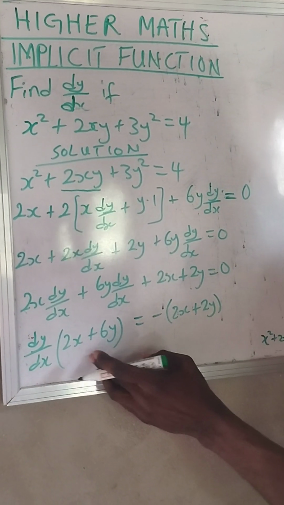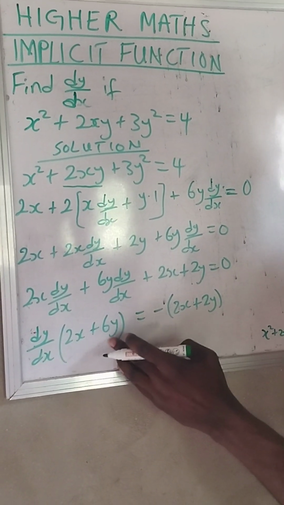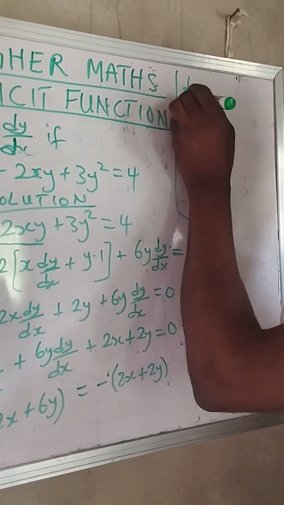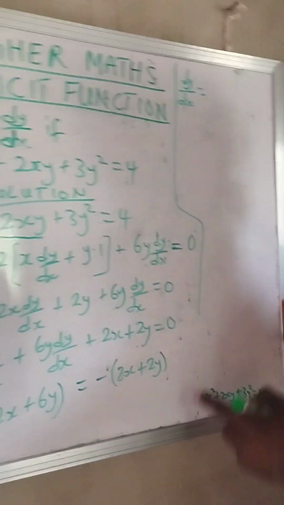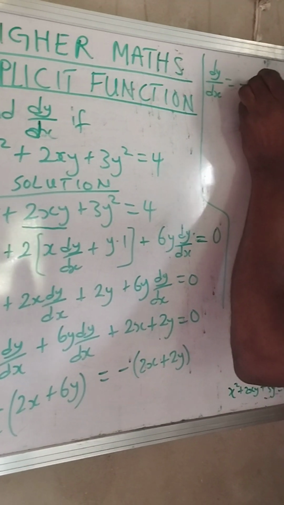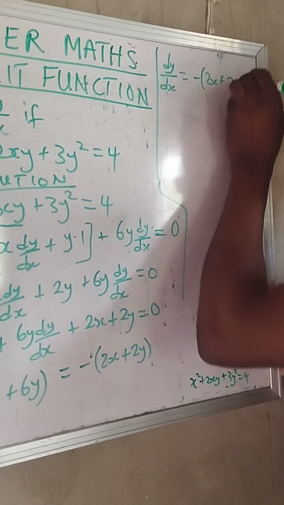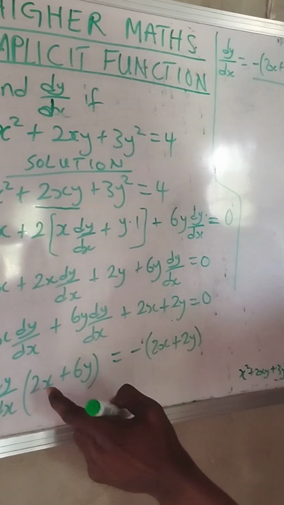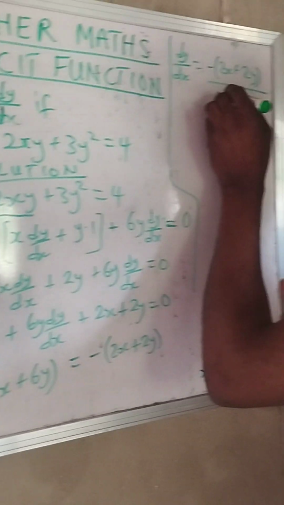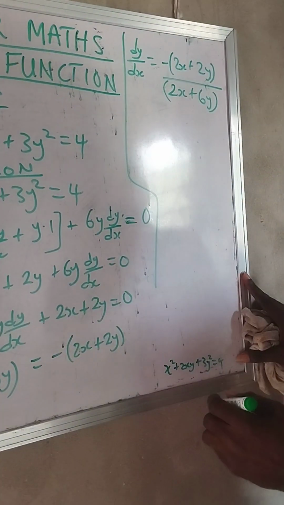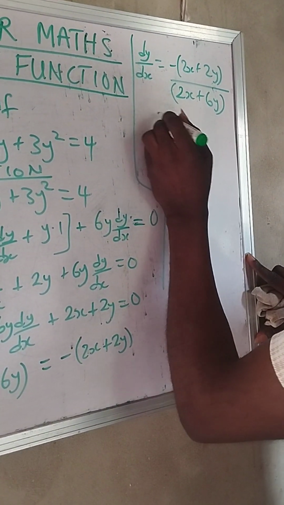So we'll divide both sides by 2x plus 6y to get dy dx. Let's continue from here. Therefore, dy over dx is equal to minus 2x plus 2y over 2x plus 6y. You can bracket it if you like. So let's factor it out.